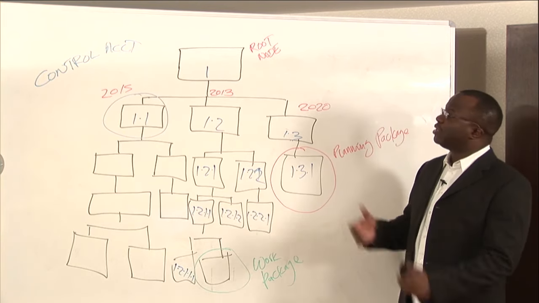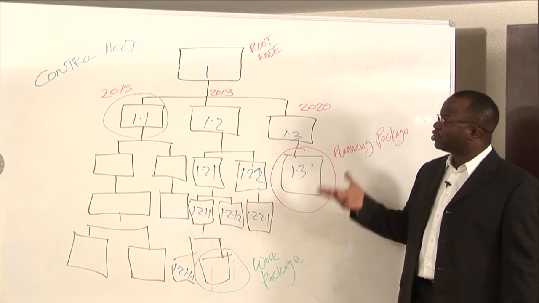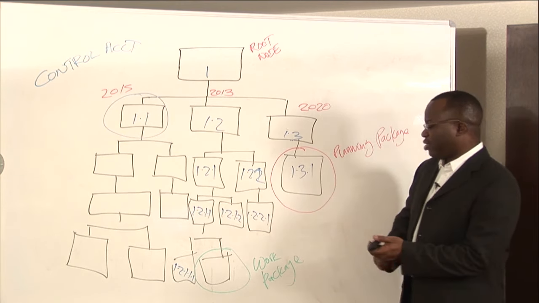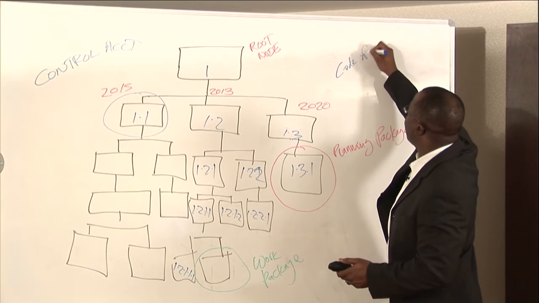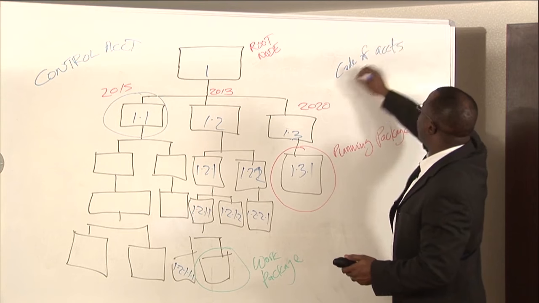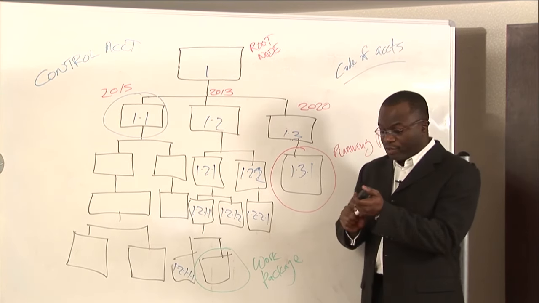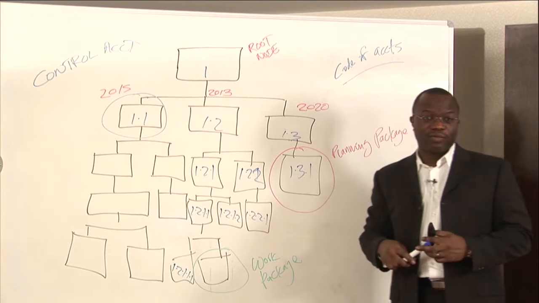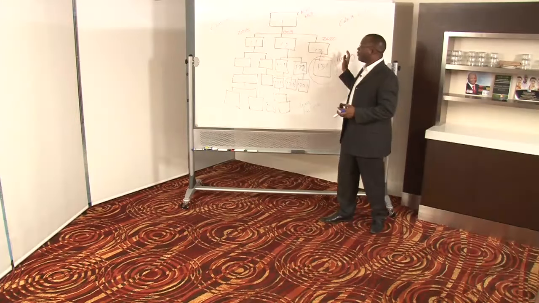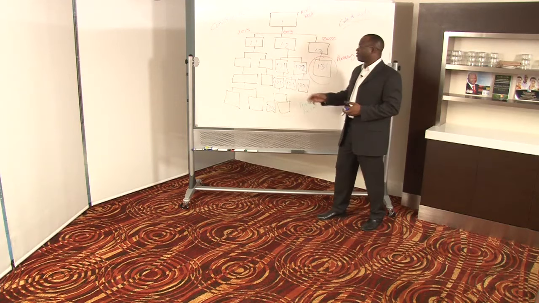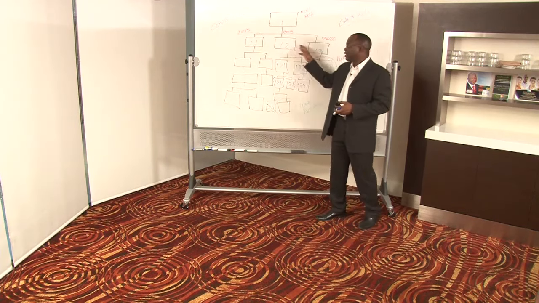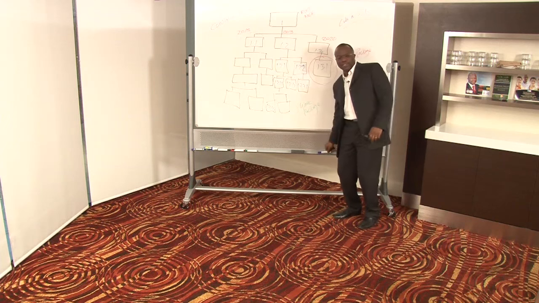So I've mentioned a number of things today: root node, control account, planning package, work package, and the code of accounts. Okay? And those are all very important when it comes to scope management and the WBS. The same way you can find out the health of the entire project is the same way you could find out the health for just one particular branch in the WBS, okay?